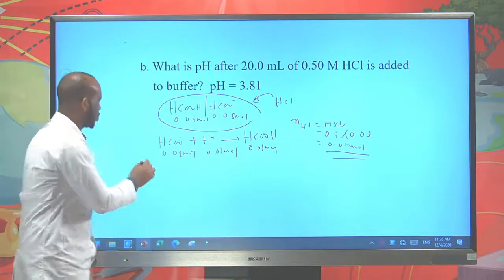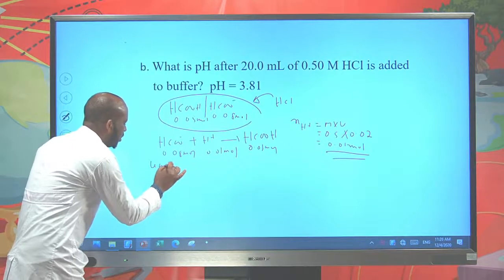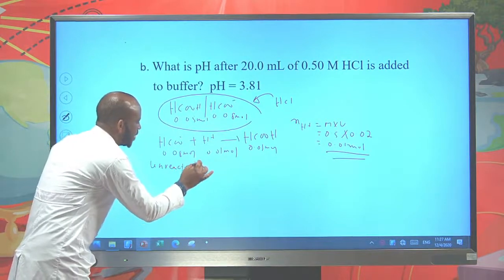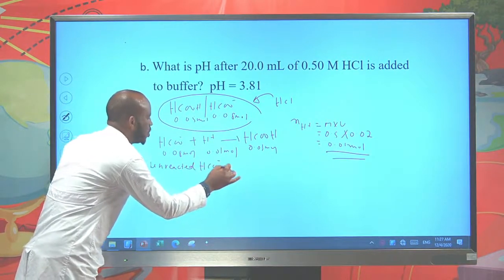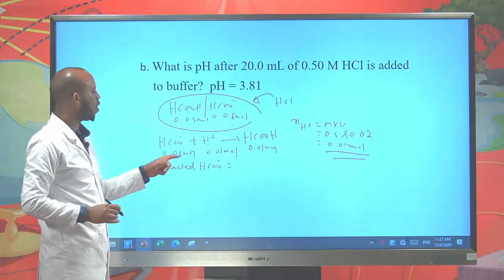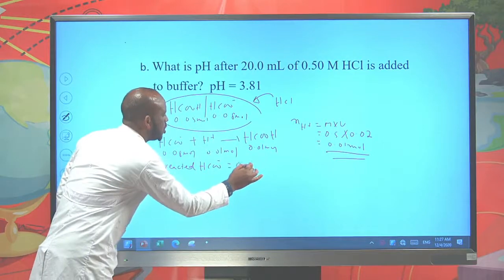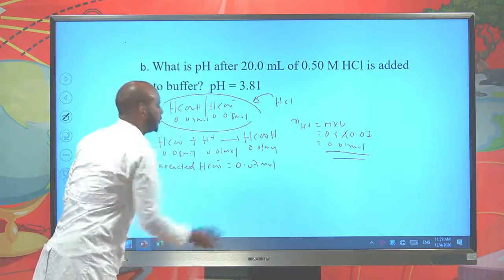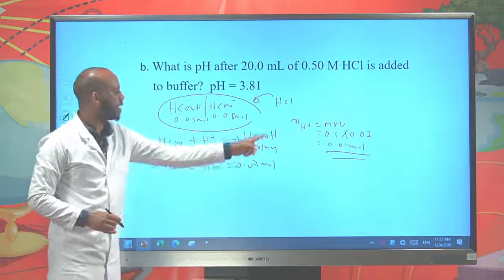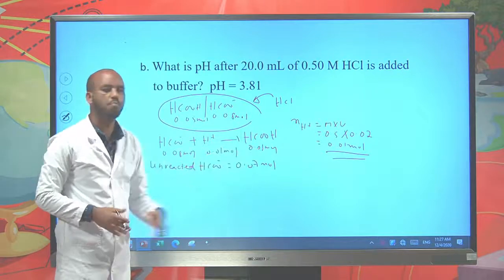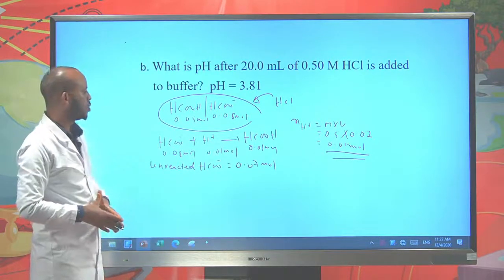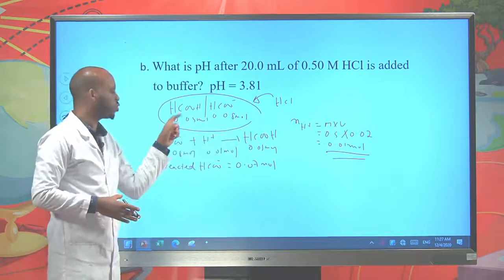Unreacted formate, HCOO minus, equals 0.08 minus 0.01, is 0.07 mole. Produced formic acid is 0.01 mole. There is formic acid in the buffer solution.